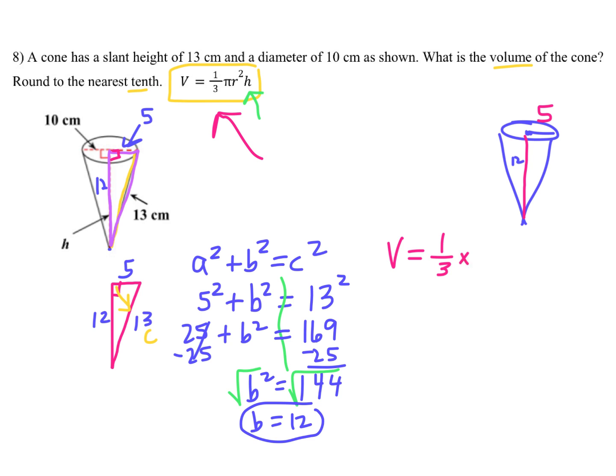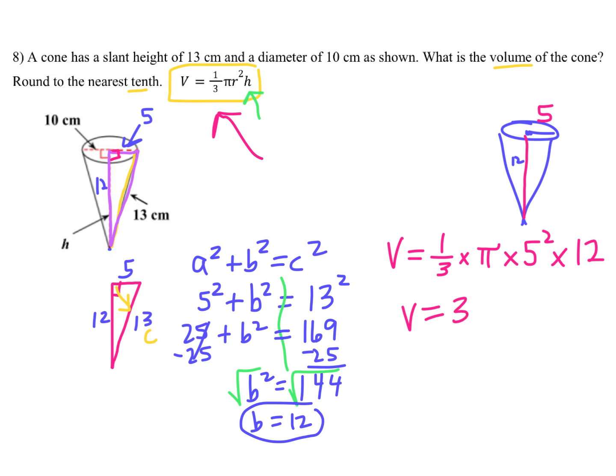It doesn't tell me to use pi key or the pi button, so I'm going to use the pi key that's in the calculator. And then the radius squared, so it's 5 squared. And then we found the height, which is 12. So now we're just going to type all of that in.